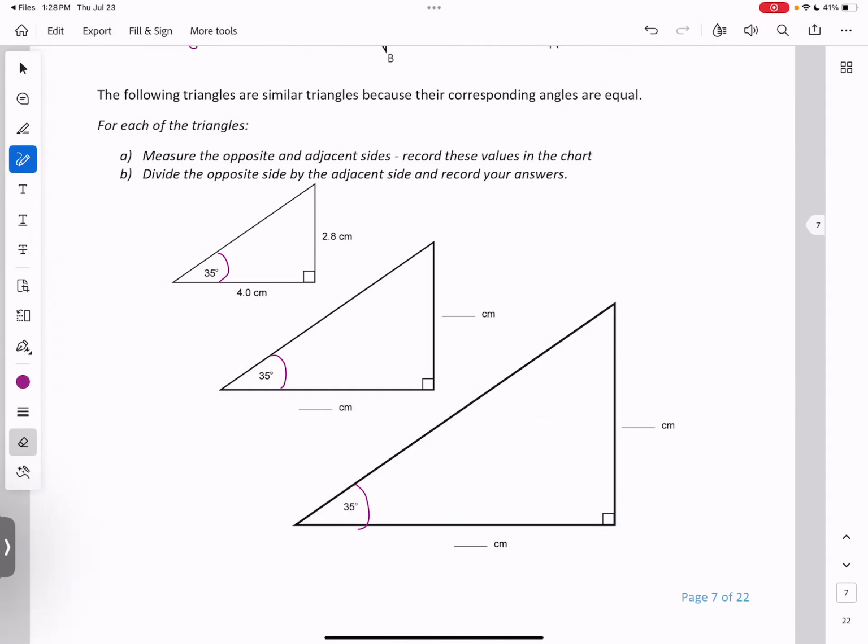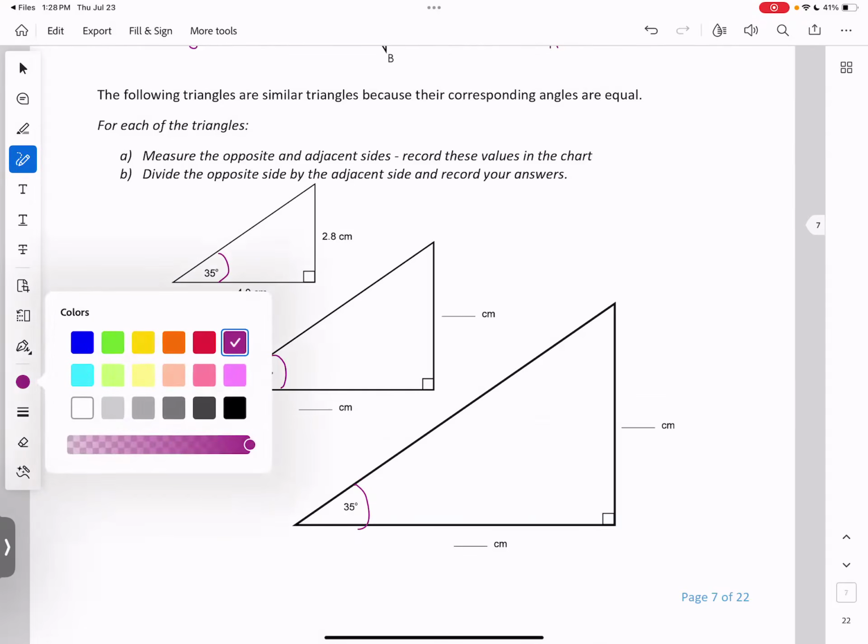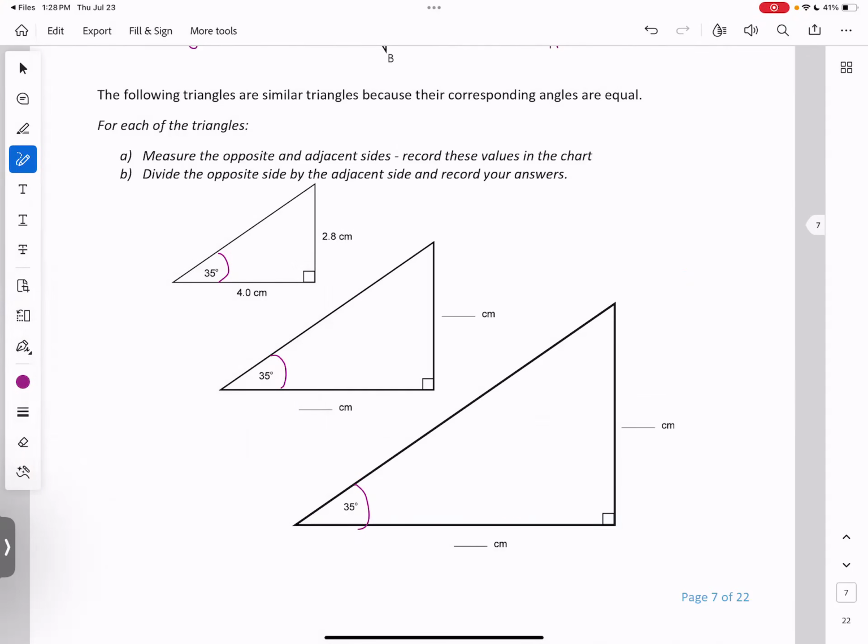Okay, so you should have had a chance to measure your triangles. I measured mine as well on paper. I might have got slightly different answers from you. That's okay, it should work out. I measured 5.7 and 4.0, and then 8.7 and 6.0.